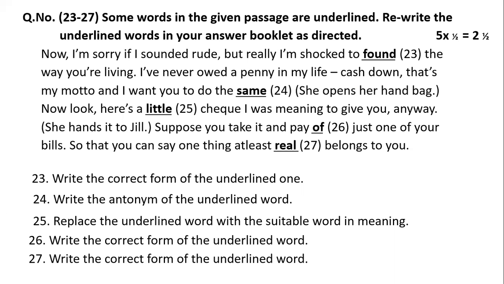That's my motto, and I want you to do the same. 24 number, let us see what is the question. Write the antonym of the underlined word. So what is the opposite? Same, different. Okay, so you have to write 24 number and write different.